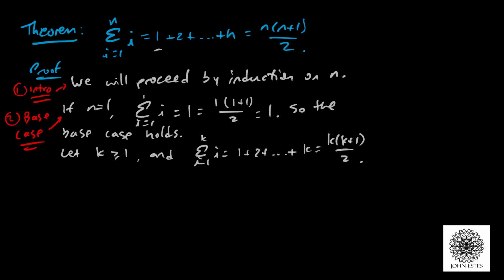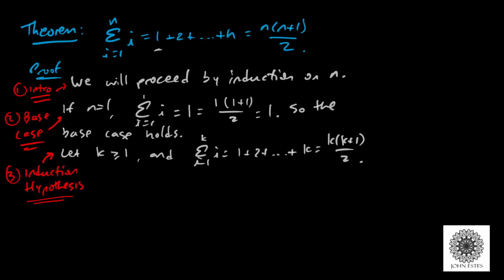What we've set up is the third part of an induction proof, and this is your induction hypothesis. What the induction hypothesis does is set up that the kth domino has fallen over. Now we need to show that the (k+1)th domino falls over.